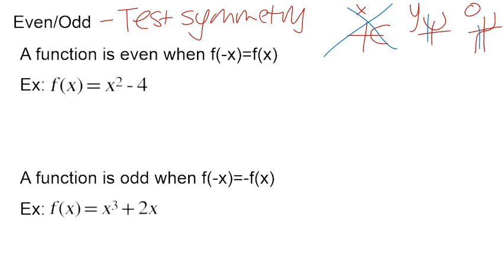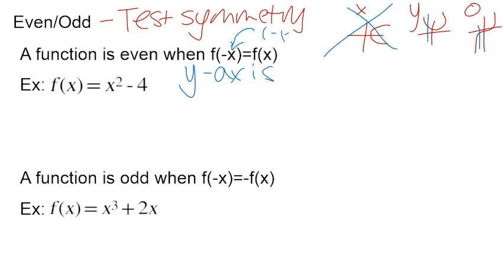So a function is even when f of negative x is equal to f of x. Even is when we have y-axis symmetry. Okay? Because notice I'm plugging in negative x and I'm getting out positive y.